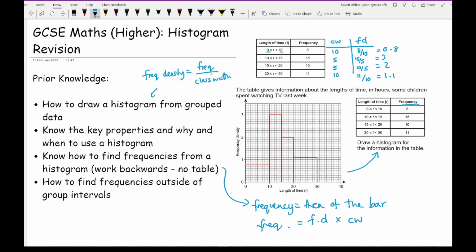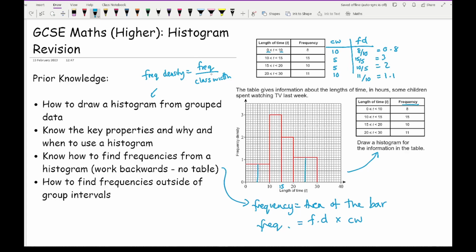And the last one that we tend to need to know is how to find frequencies outside a group interval. As you can see on the histogram on the screen, in the first bar we've got 0 to 10, then 10 to 15, then 15 to 20 and 20 to 30. Now in some cases you might get asked to find what's the number between 5 and 25?